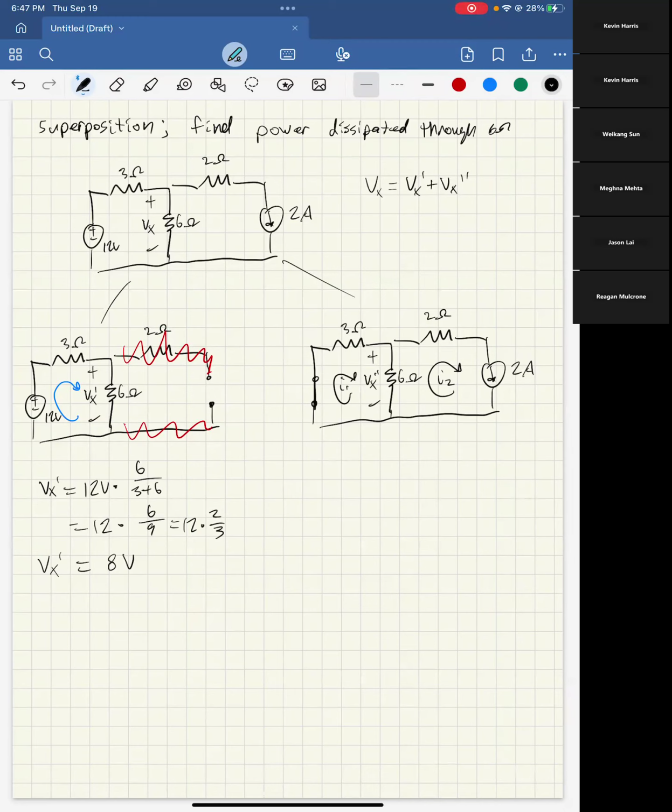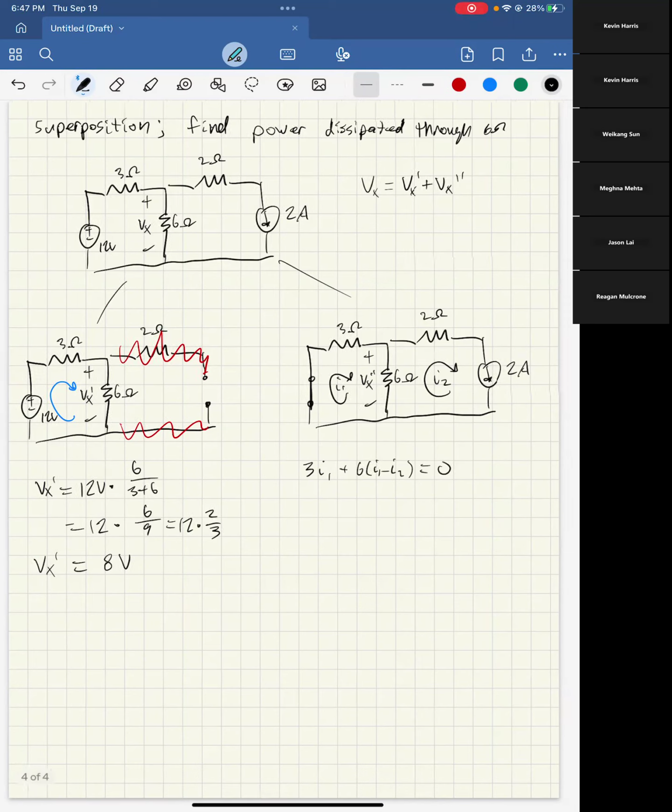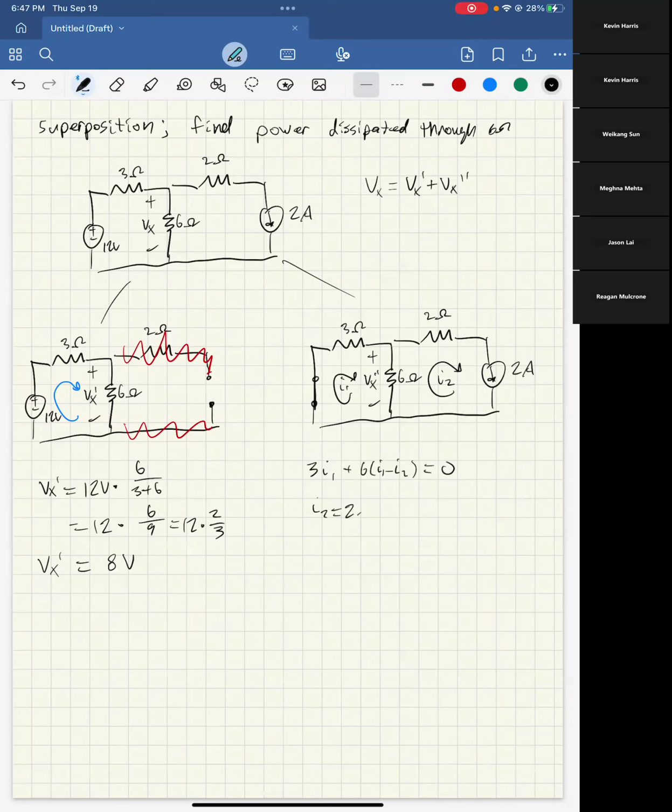So our I1 circuit is going to be 3 ohms times I1, plus 6 times I1 minus I2 equals 0. And then we have that I2 equals 2 amps.